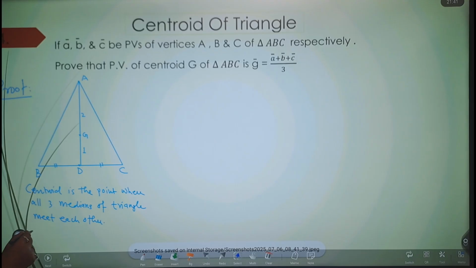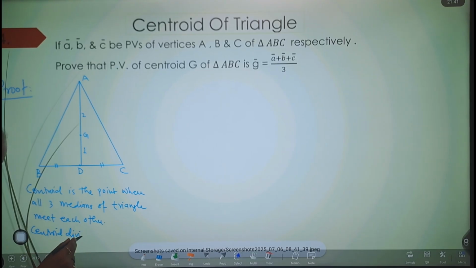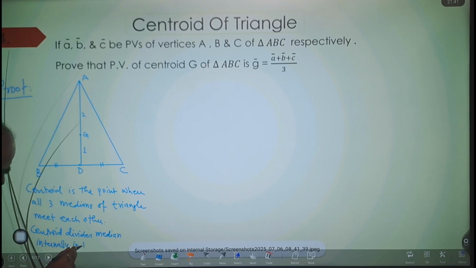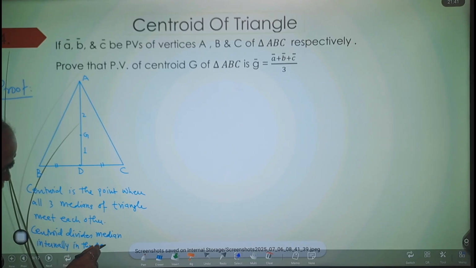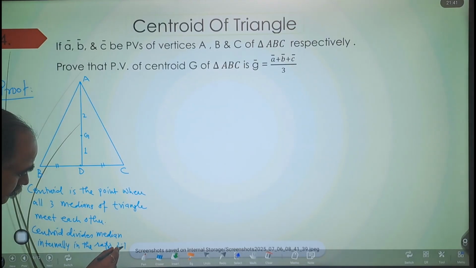Centroid divides median internally in the ratio 2:1.